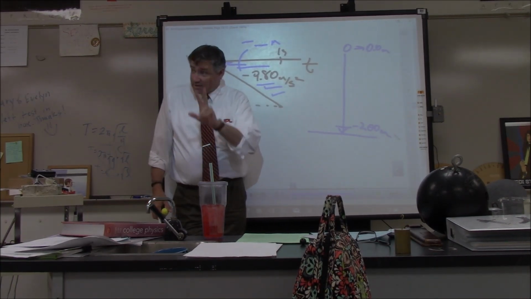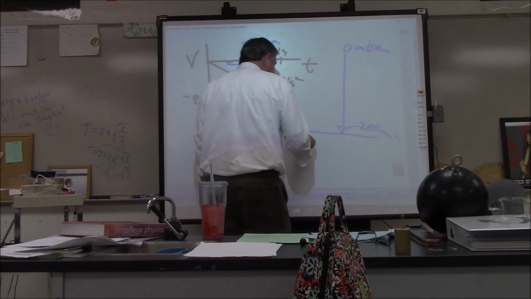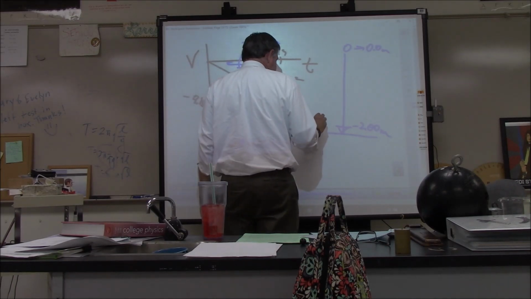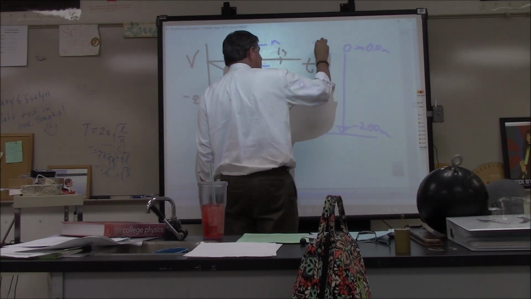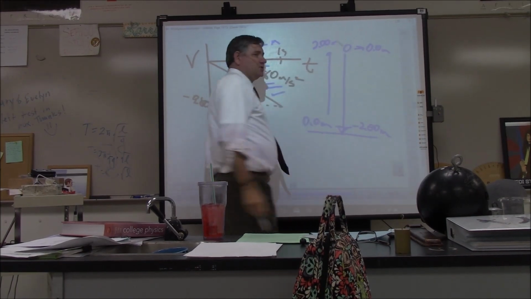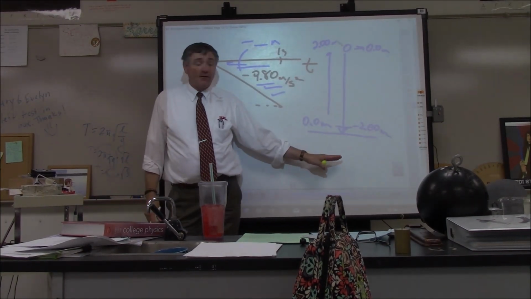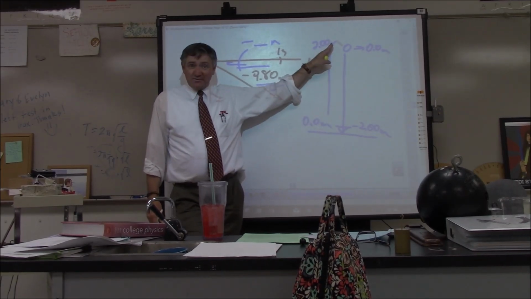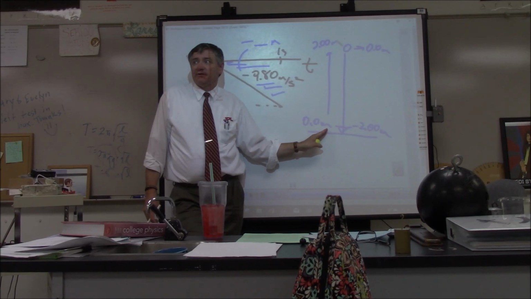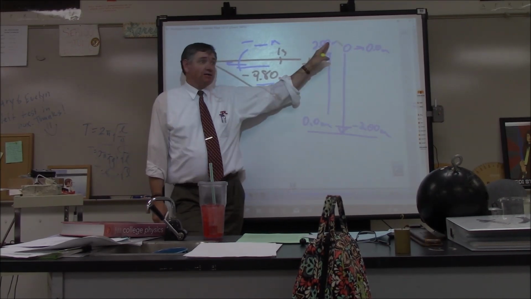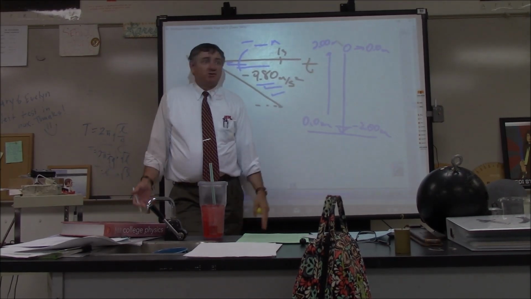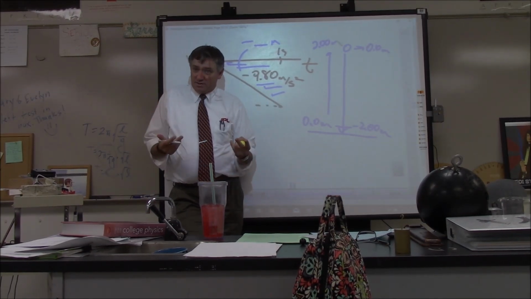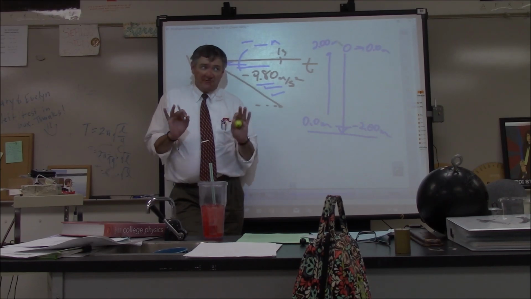Now, some people like to do this. They go, well, Mr. Burkham, I want the ground to be the reference point. Fine, knock yourself out. Let the ground be the reference point. Then this position up here would be 2 meters if you want to go this route. If you make this 0 and make that positive 2, what's its final position? 0. If I take 0 minus 2, I still get negative 2. So no matter how you set this up, your displacement is still going to be negative 2 meters. Cool with this.